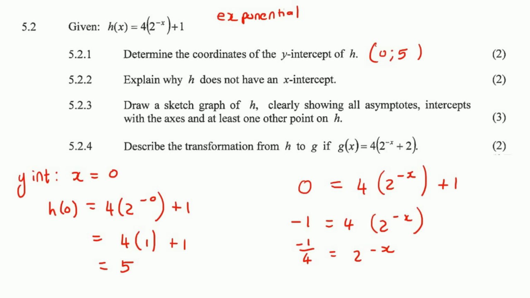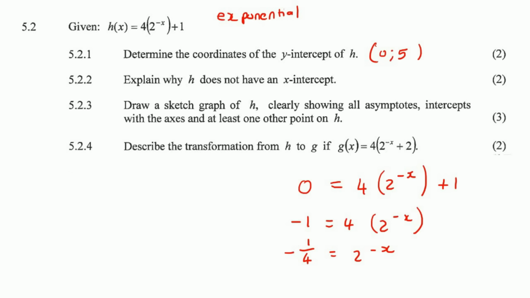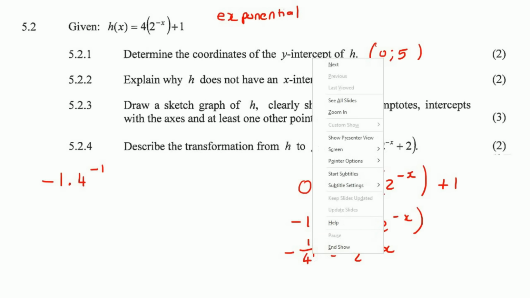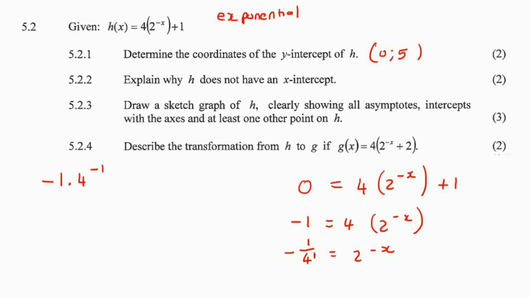The way that you can bring something to the top is you say minus 1 and then times 4, but then you must say 4 to the minus 1 because you've brought it up, whereas this 4 did have an exponent of 1. Then you bring it up, so it becomes like that. And then we can go equals 2 to the negative x. Okay, now let's change this 4 to 2 to the power of 2. So like that. See what I did there?